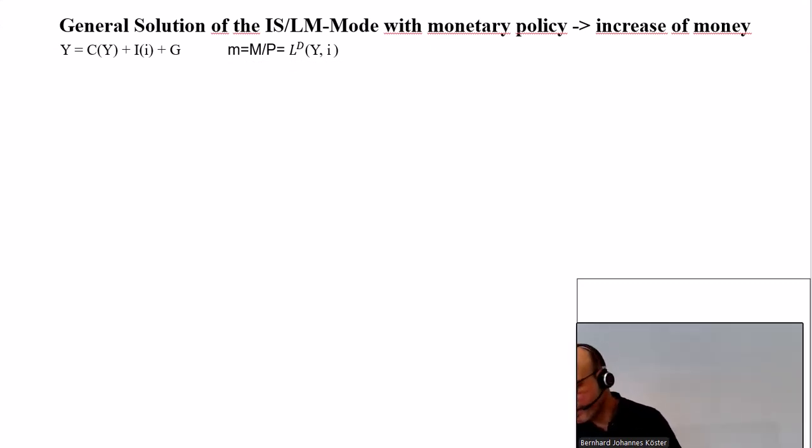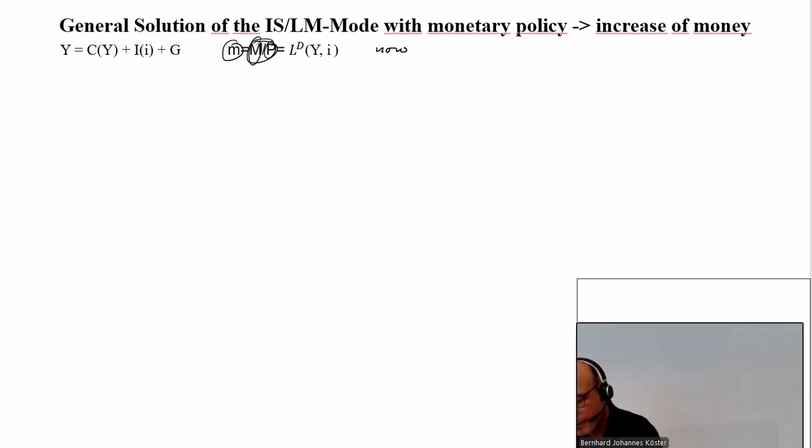So let's do again what we have already done. Let's take now the total differential of both equations, but now especially this one is changing. So also, since P is fixed, real money supply is changing.